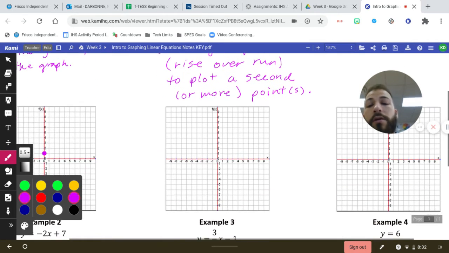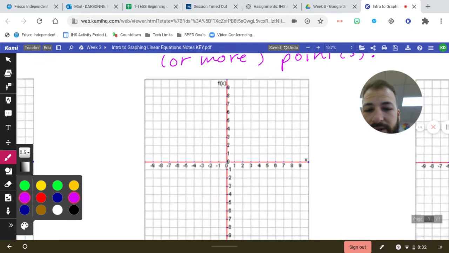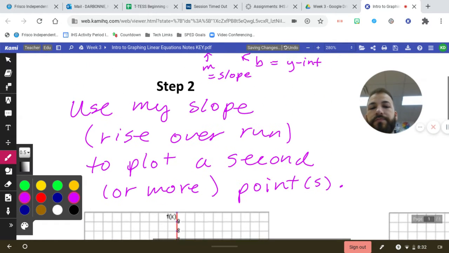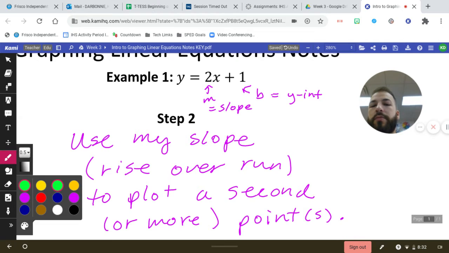We already have our y-intercept on this one, so our y-intercept is 1. Our slope, if you remember, is 2.